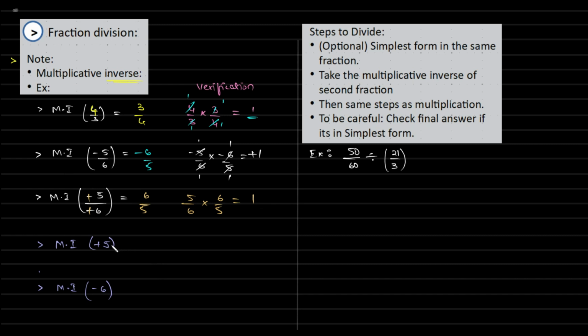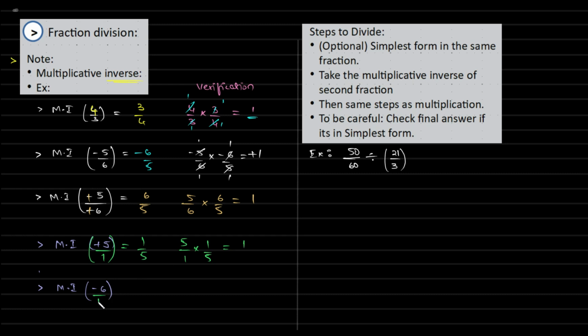Next is multiplicative inverse of 5. So I told you any integer can be written in the form of fraction by just writing 1 in the denominator, and thus we have 5 by 1 whose inverse will be 1 by 5. So 5 by 1 into 1 by 5 will give me 1 again, right?